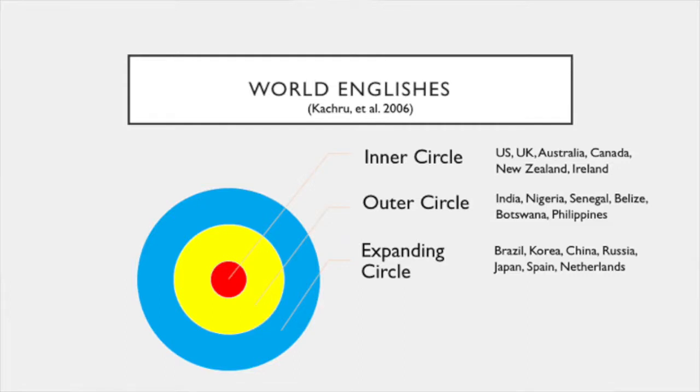For instance, in recognizing this complexity, Kachru offered a conceptual framework for outlining different varieties of English users and their speakers worldwide.